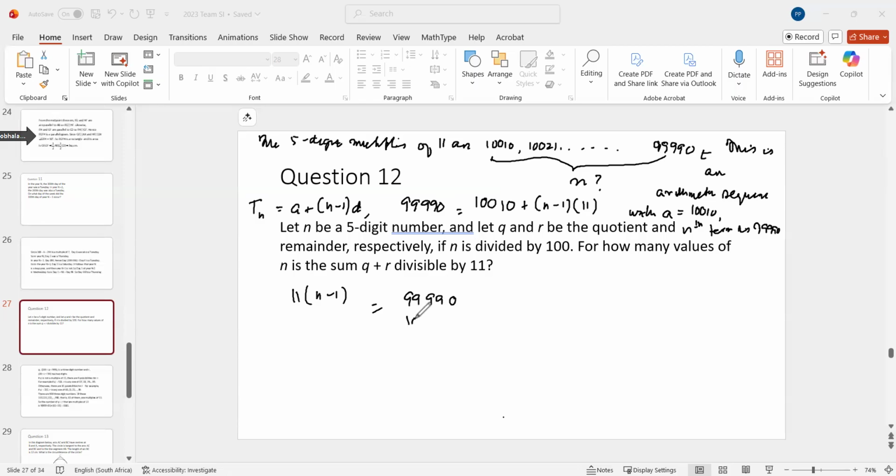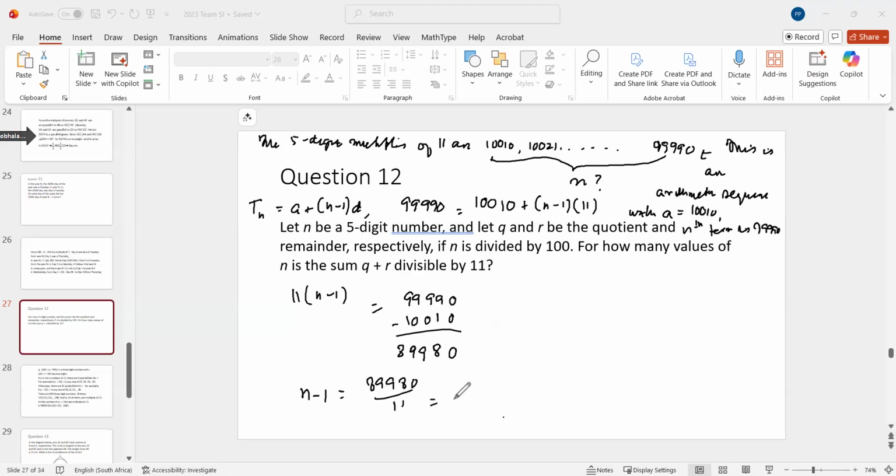If you take it to the other side, you get 89980. So 11 into n minus 1 is this number. So n minus 1 is 89980 divided by 11.